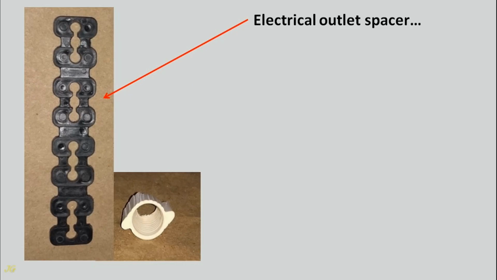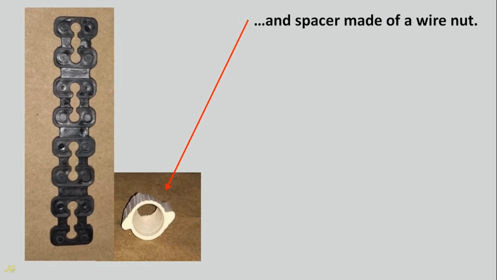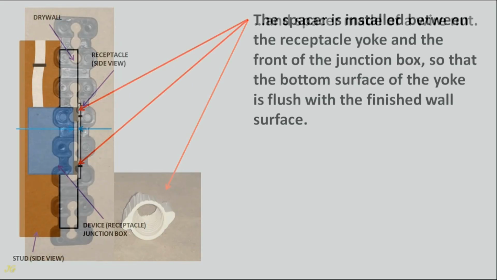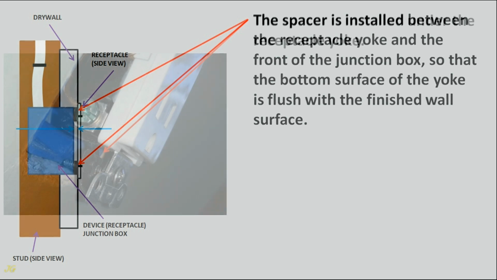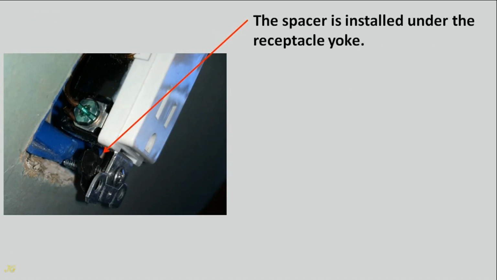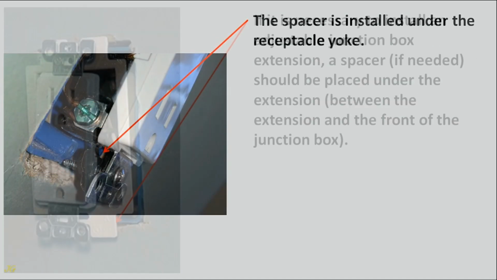Electrical outlet spacer and spacer made of a wire nut. The spacer is installed between the receptacle yoke and the front of the junction box, so that the bottom surface of the yoke is flush with the finished wall surface. The spacer is installed under the receptacle yoke.